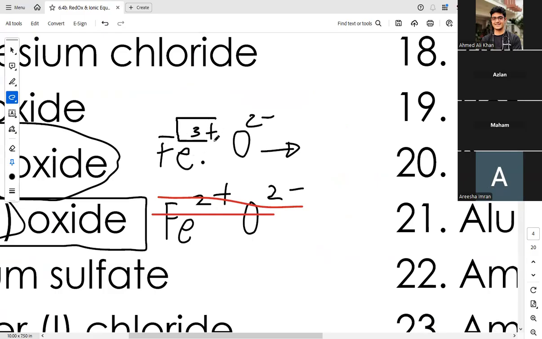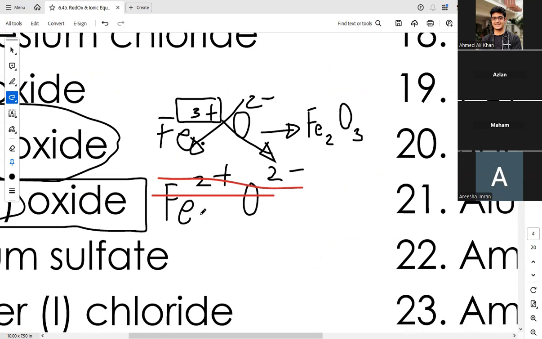Fe3 plus, so this will go here, so you have three oxygens, and O2 negative, so this will go here, so it is Fe2 and O3. So that's simple. Understood?